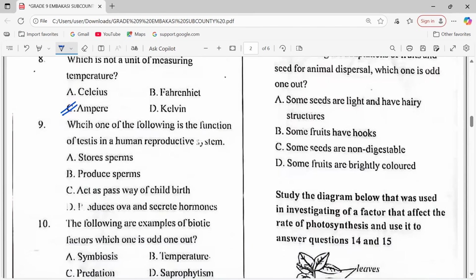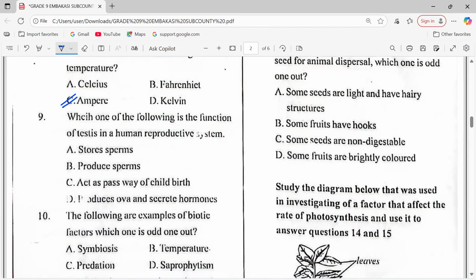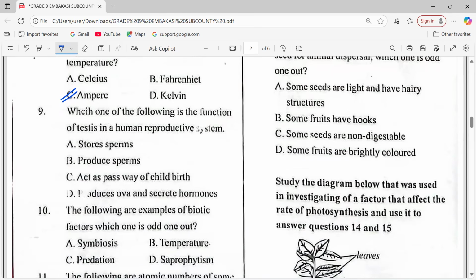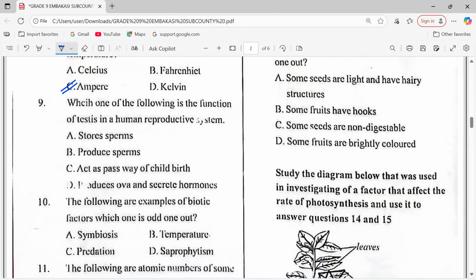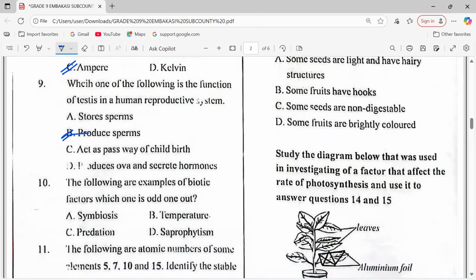Number 9. Which of the following is the function of testes in a human reproductive system? We know that the storing of sperms is the work of the epididymis, but production of sperms is the function of the testes.